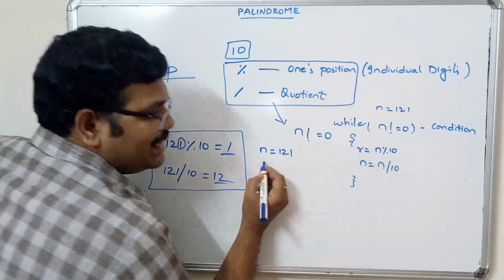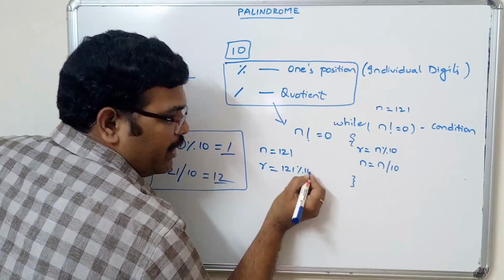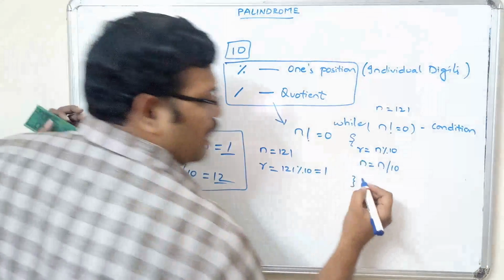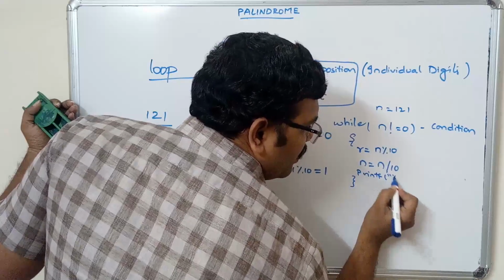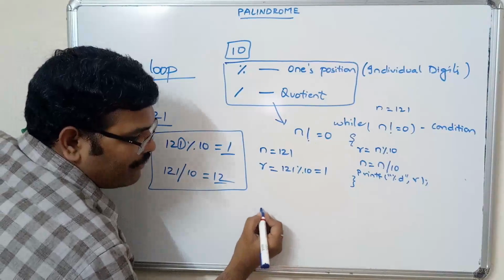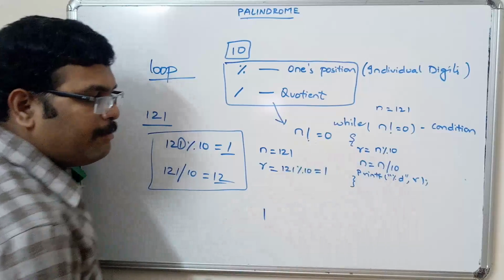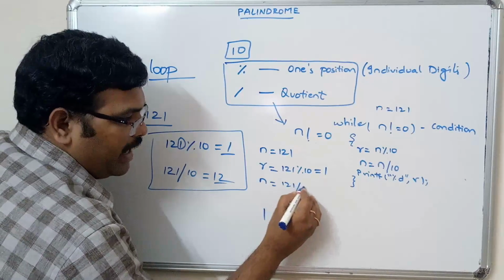First r is equal to n mod 10, 121 mod 10, which is equal to 1. Let us write printf %d r, to print the r value. So the r value will be printed as 1. Now n is equal to n divided by 10, so n is equal to 121 divided by 10.